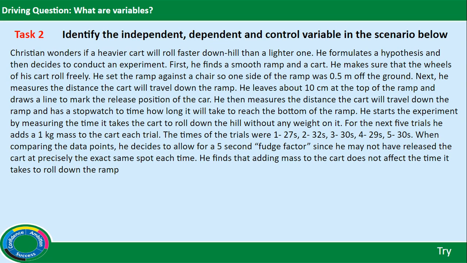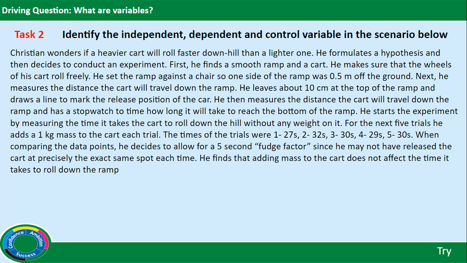So he starts the experiment by measuring the time it takes the cart to roll down the hill without any weight on it. So first, he lets the cart go to find out what time this cart will take to roll down this hill with no weight on it. For the next 5 trials, he adds 1 kg mass to the cart each trial.